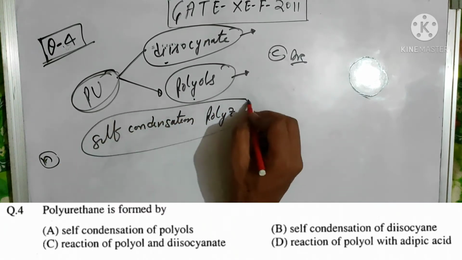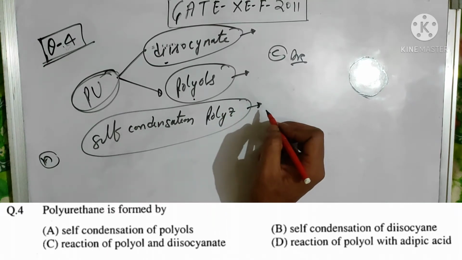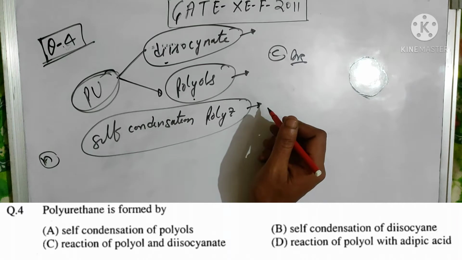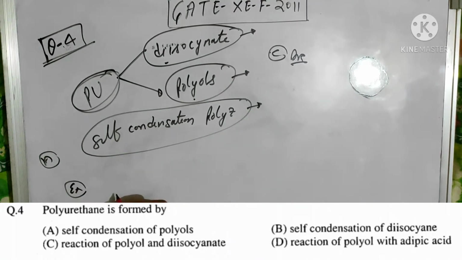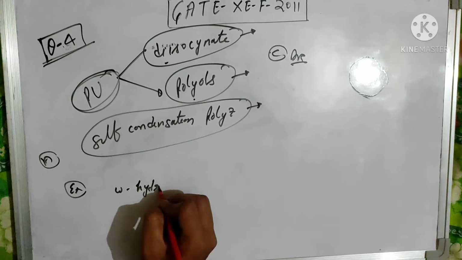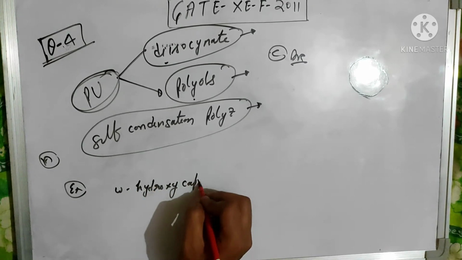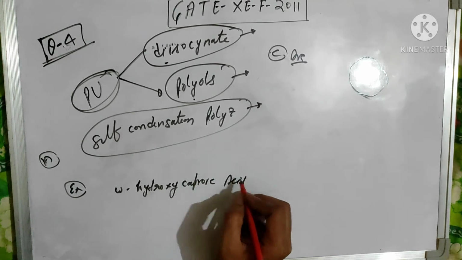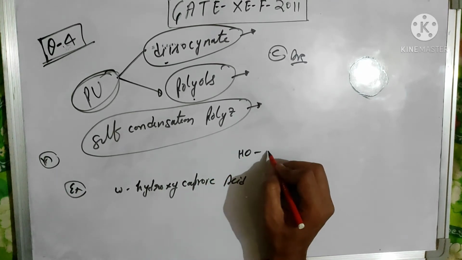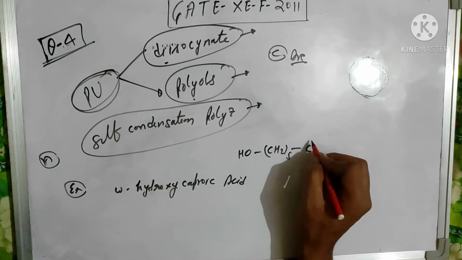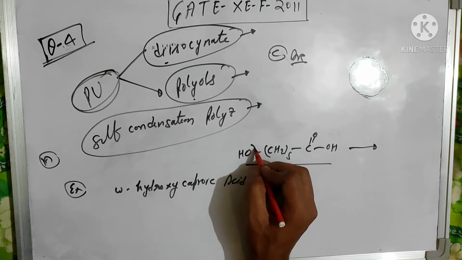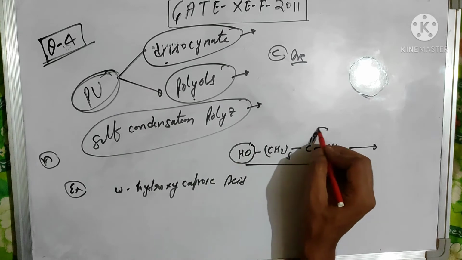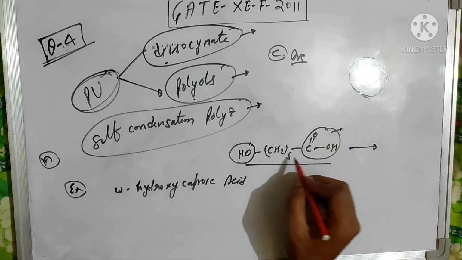First, understand what self-condensation polymerization is. In self-condensation polymerization, only one type of monomer participates, which contains two or more different functional groups. For example, omega-hydroxy caproic acid, HO-CH2... You can see this is a single type of monomer with two different functional groups: one is alcohol and the second is carboxylic acid.